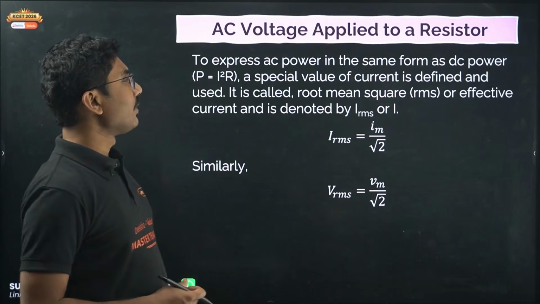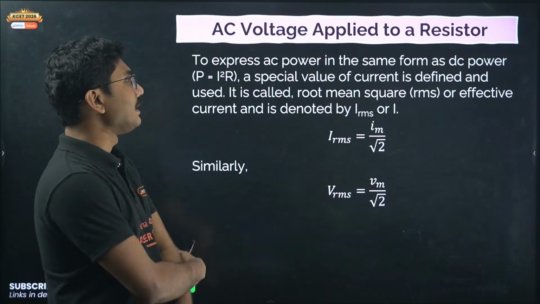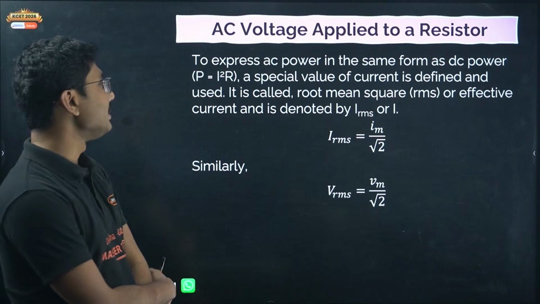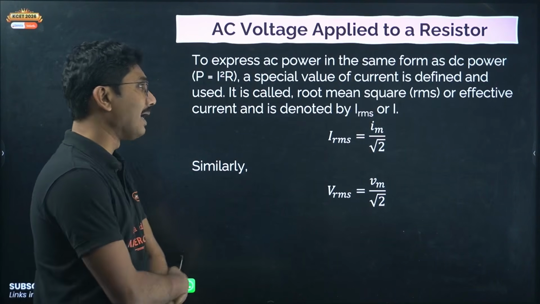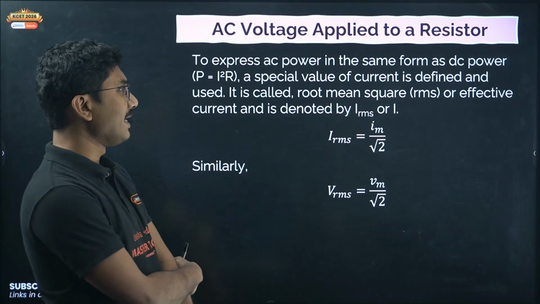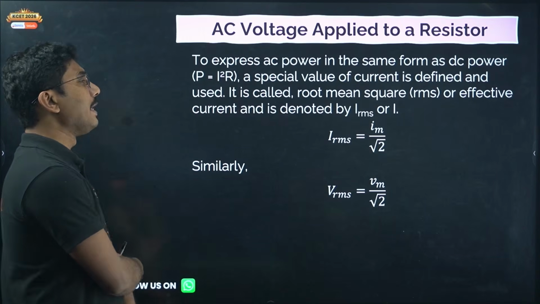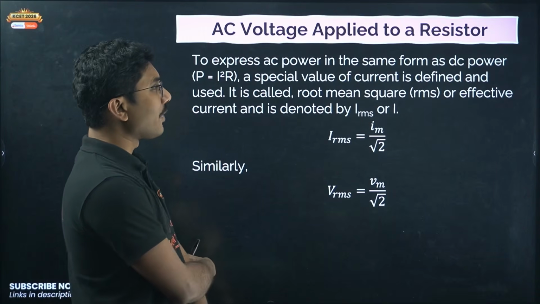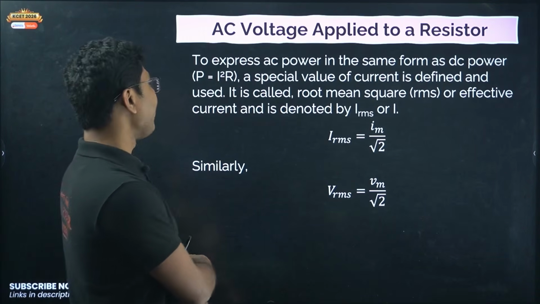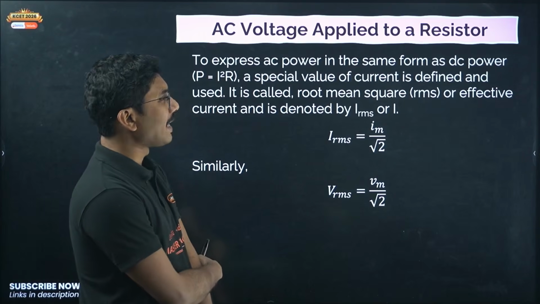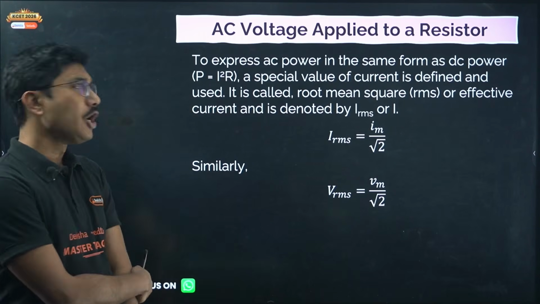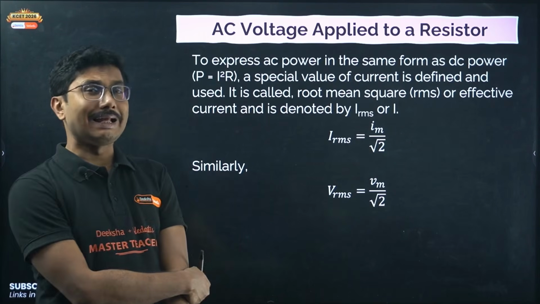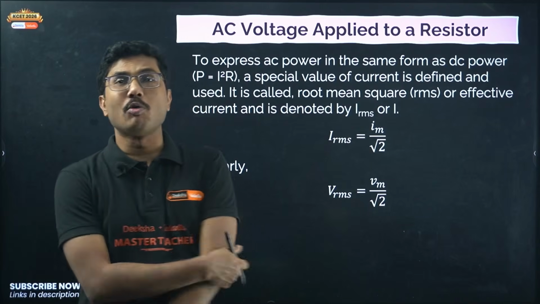Now, to express AC power in the same form as DC power, that is I squared R, a special value of current is defined and used. It is called root mean square or RMS or effective current, and is denoted by IRMS or capital I. Normally AC currents are denoted by small i.